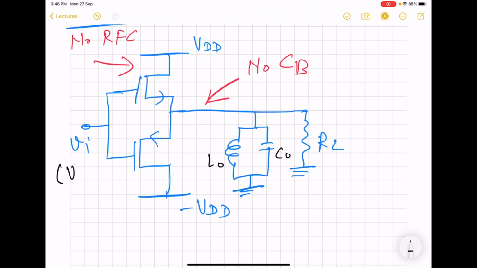And of course, here also there is no DC bias, and we assume that VTH is equal to 0 for this circuit, for these two MOS as well.